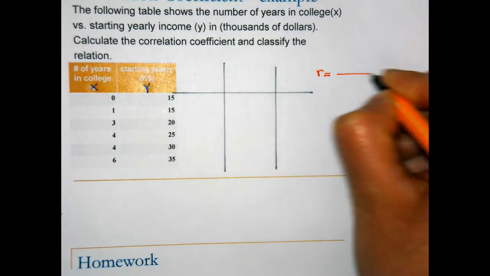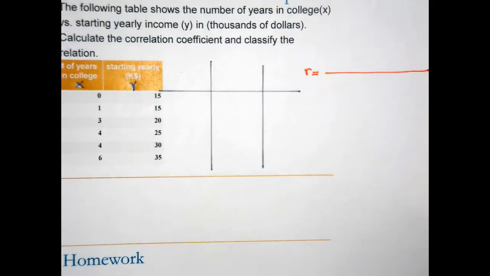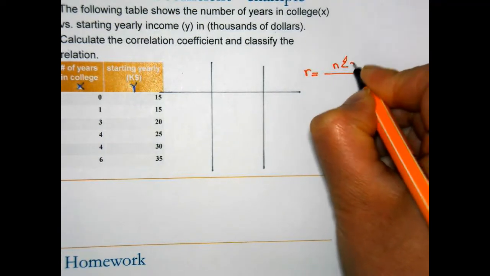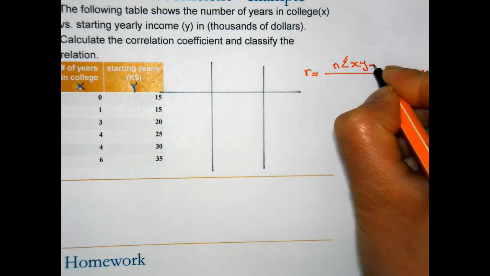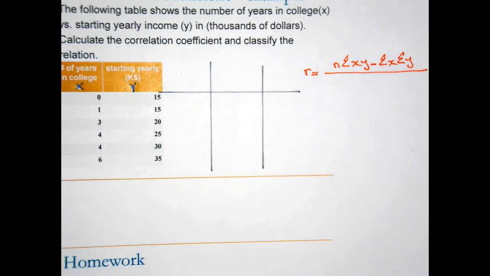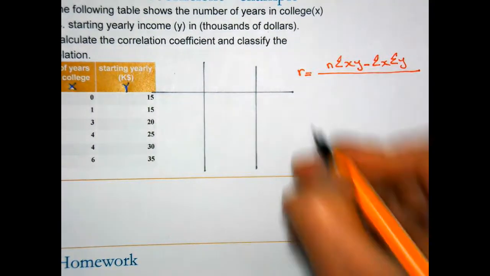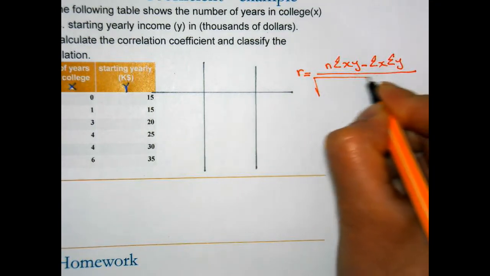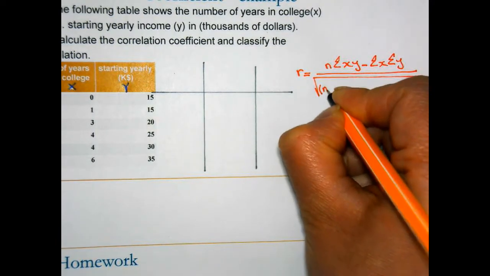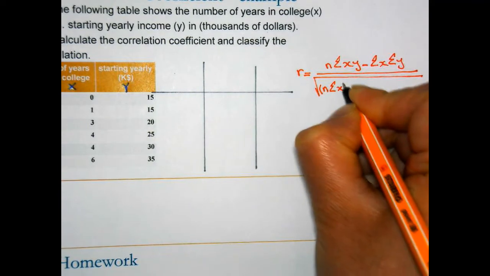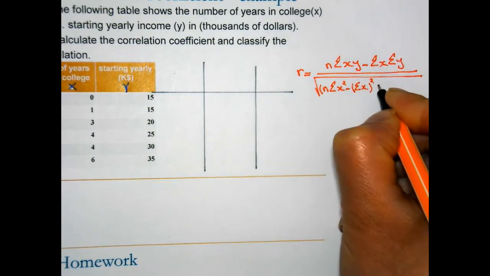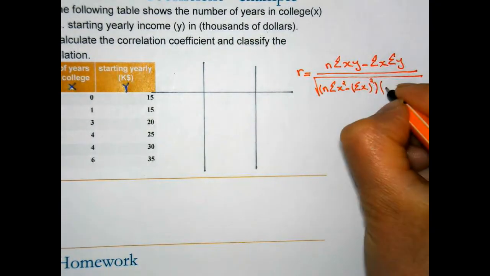So R equals N sigma xy minus sigma x times sigma y, and in the denominator we need the square root of N sigma x squared minus sigma x, squared, and this is going to be multiplied by the same thing for y.